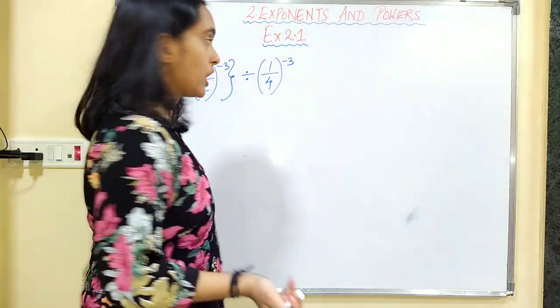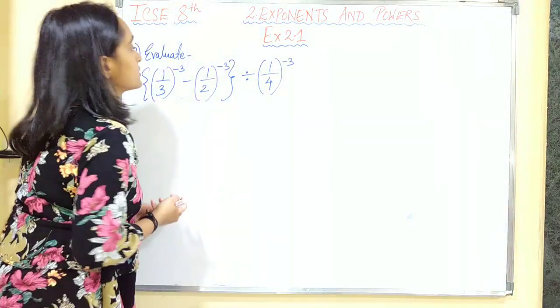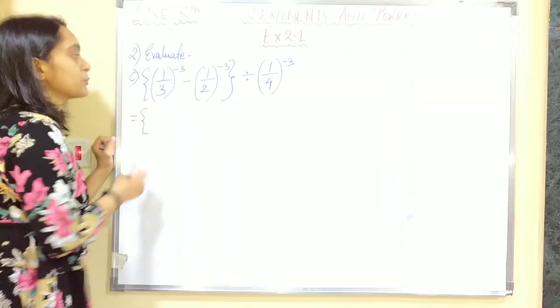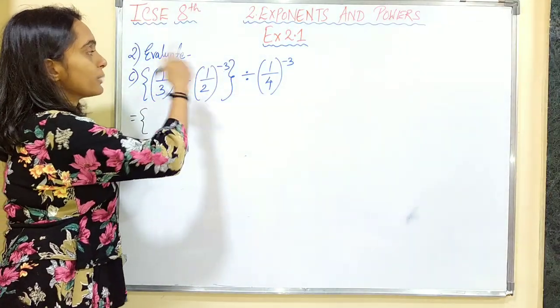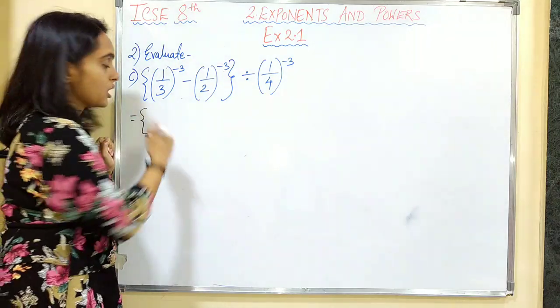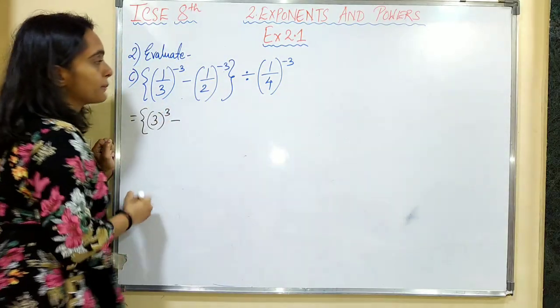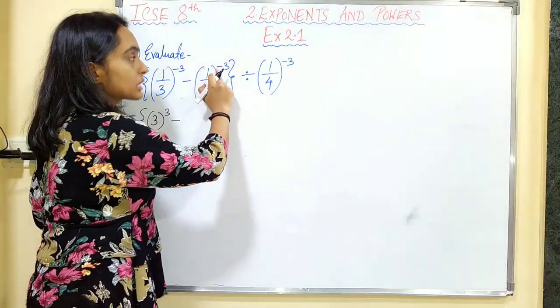One more question of evaluate. The question is this. So we will solve this bracket first. Inside the bracket, 1 upon 3 raised to minus 3. So the reciprocal of this, it will be 3 cube, minus 1 upon 2 raised to minus 3.